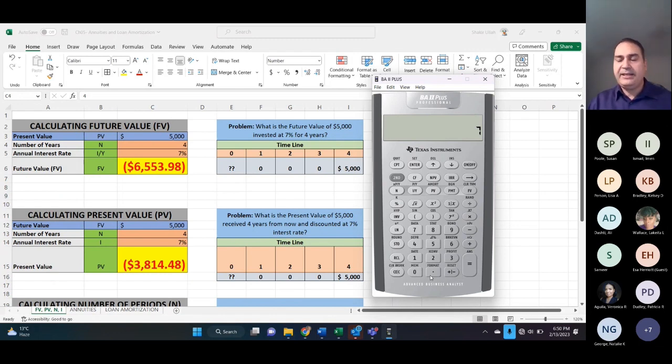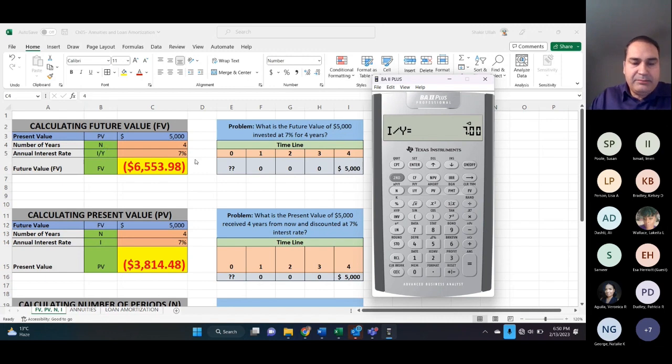If I write it as 7% or maybe 0.07, then my answer will be wrong. So make sure that you enter the interest rate as that whole number 7. And for the interest rate, the button is I/Y right here. So I click on I/Y, and that is equal to 7, which means 7%.